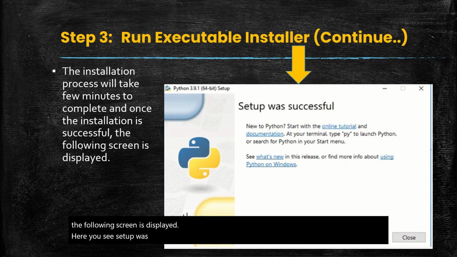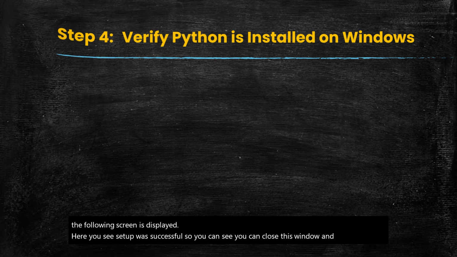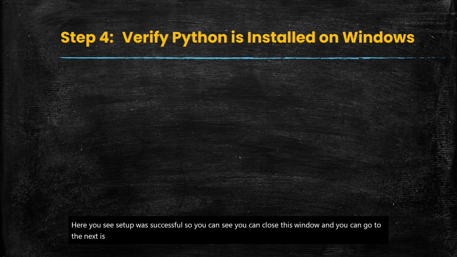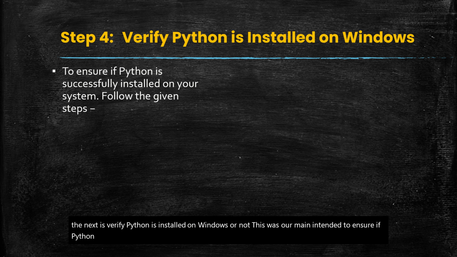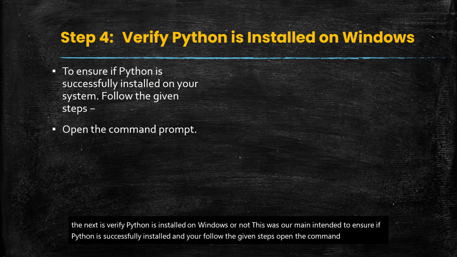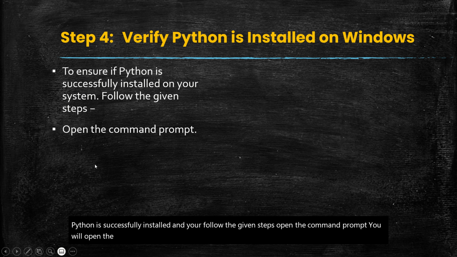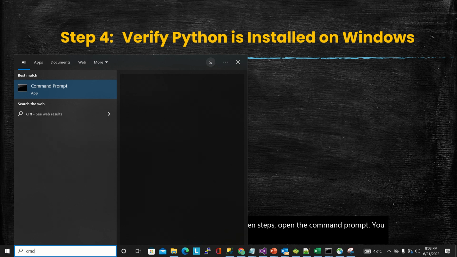You can close this window and go to the next step: verify whether Python is installed on Windows or not. This was our main agenda, to ensure Python is successfully installed on your system. Follow the given steps. Open the command prompt. Here you go, the command prompt.